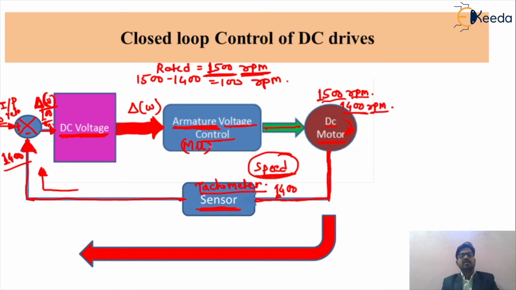And this controller, called the armature voltage controller, will change the speed. The error speed is 100 rpm and we want to get the speed of 1500, so this controller will add the 100 rpm of speed, and now the motor will be operated again at its rated speed.